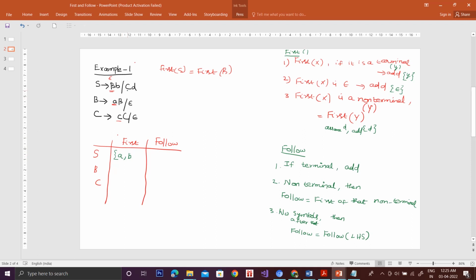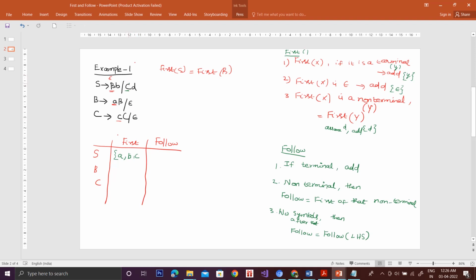And when you come to this particular production, S gives capital C. So first of S is capital C, and first of capital C is small c, so we are adding this small c. Then first of capital C is epsilon as well.